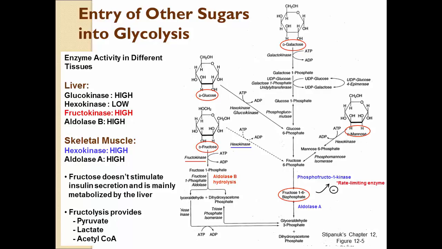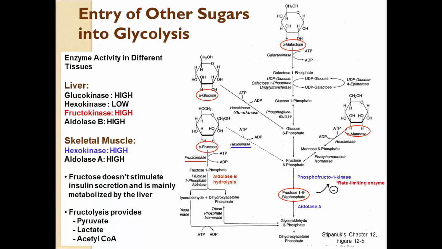Does that make sense? And then you have more pyruvate generated. And pyruvate, we talked about a couple of slides earlier, can be converted to acetyl-CoA and then to the TCA cycle, citrate, and fatty acid synthesis, right?